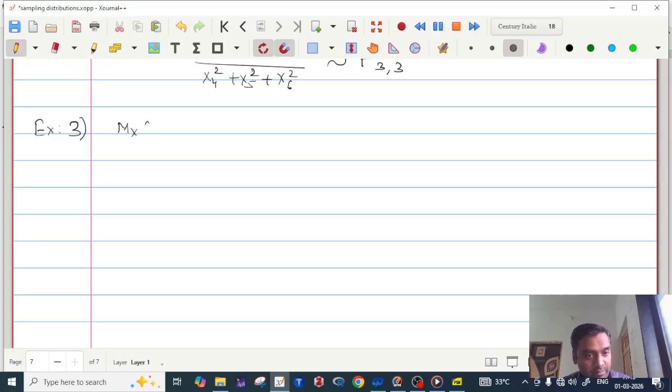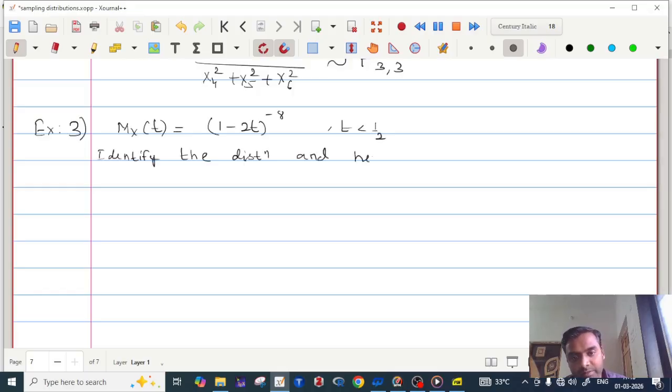The MGF Mx(t) is given as (1 minus 2t) raised to minus 8. Identify the distribution, and hence obtain its mean and variance.